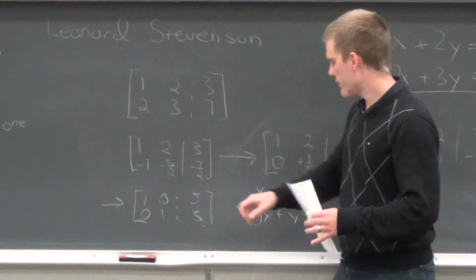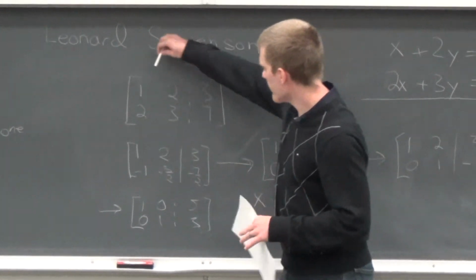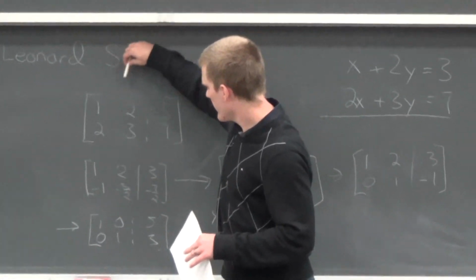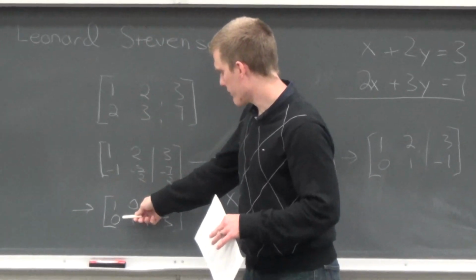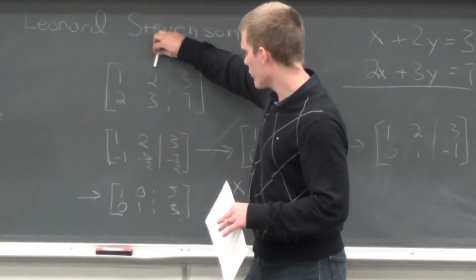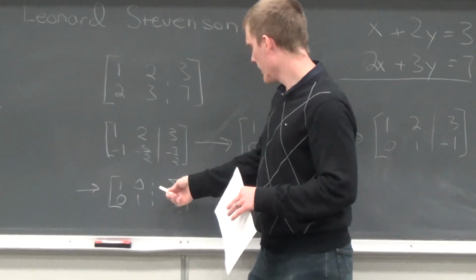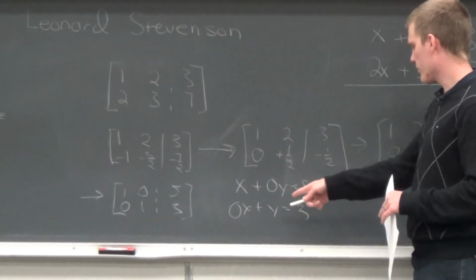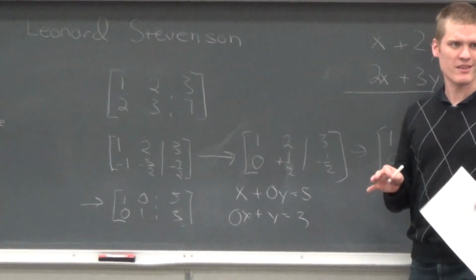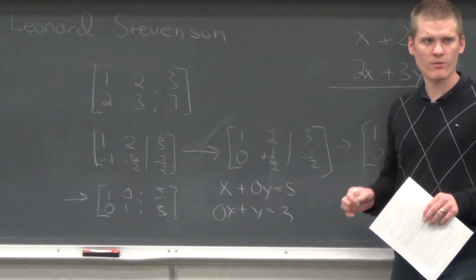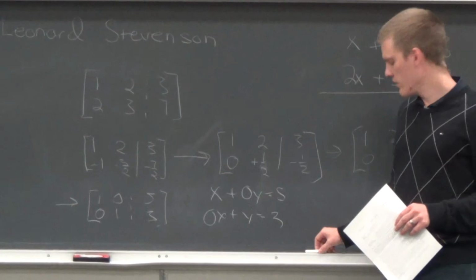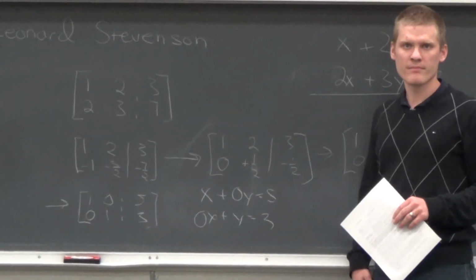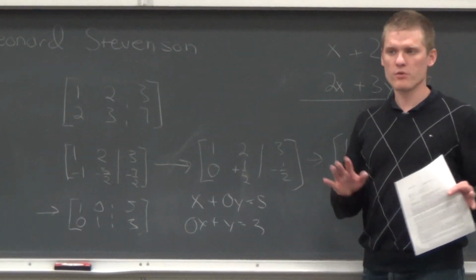That way we've turned the coefficient of y into 0 in one of the rows, and the coefficient of x into 0 in the other row. So we get two equations, which just reduce to x equals 5 and y equals 3. Does that make sense to everybody? Why that works? Alright. Does anybody have any questions on that?